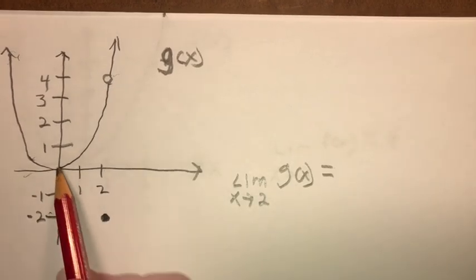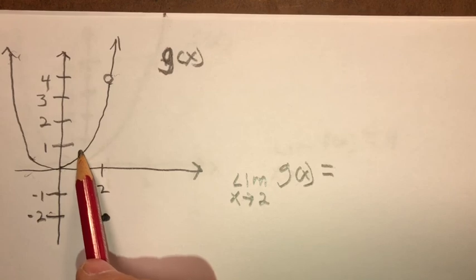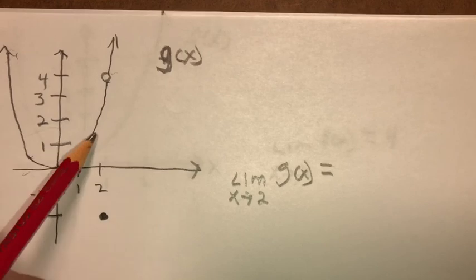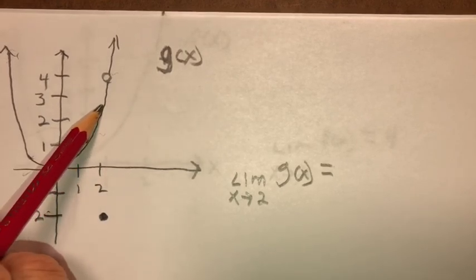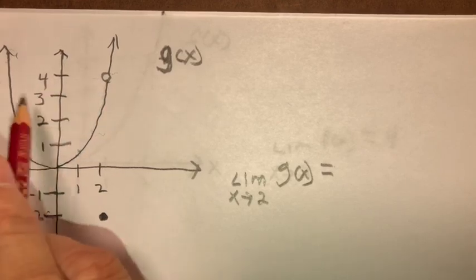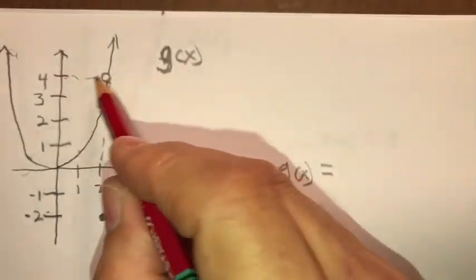Well, do the same game. Imagine I'm on the function from the left-hand side, and I'm surfing towards x equals 2, but I have to stay on the function. What y value am I approaching? Well, I'm still approaching this y value of 4.